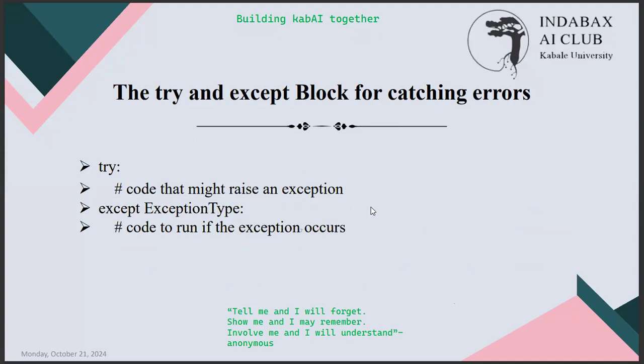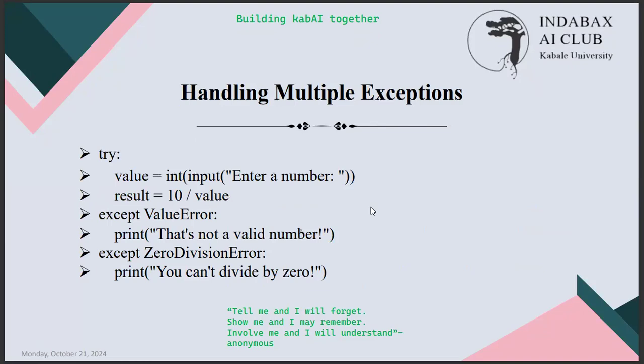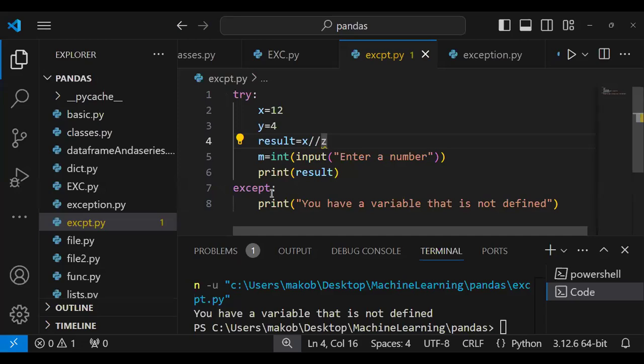So if you do that, we can even catch multiple exceptions at a go. Let's come back here. So let me put back the 0 here, and then let me undo.